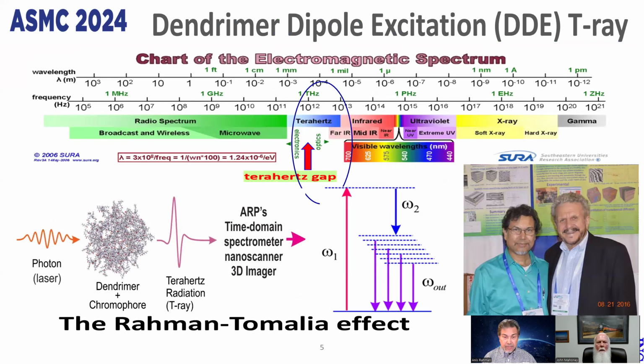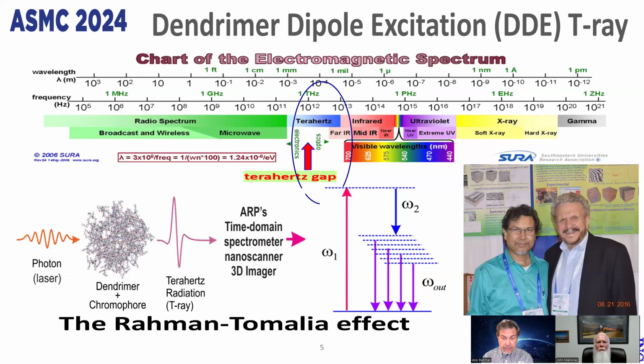So again, here's a little bit of background of T-ray, the way we generate T-ray or terahertz radiation, what we call dendrimer dipole excitation technology. And this is due to the dendrimer material that was originally invented by Don Tomalia. And then at our company, we found a way to modify that dendrimer to make a high Chi2 material, or high electro-optic coefficient material, and then pump that particular material in a particular orientation to generate the terahertz radiation.